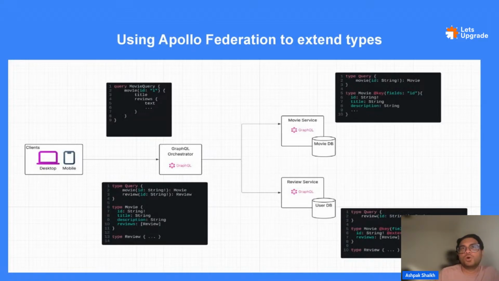I didn't want to go into the details of the Federation runtime because it will get complicated and it will confuse you. The only takeaway I wanted you guys to have is that the microservices architecture actually needs Federation, right? We cannot do GraphQL in a microservice ecosystem without Federation or the orchestrator sitting in between the client and the microservice.